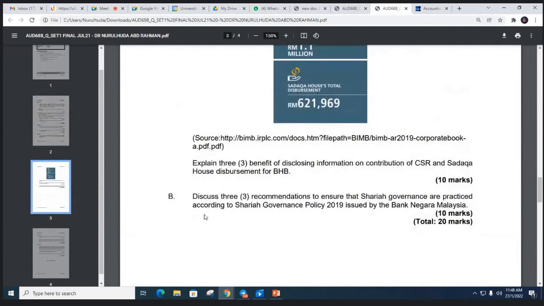B, 3 recommendation to ensure Sharia governance are practiced according to Sharia governance policy. Macam mana? Apa recommendations dia? The Sharia committee needs to update board on any Sharia issue or matter that may affect safety and soundness of Islamic financial institution. Boleh.